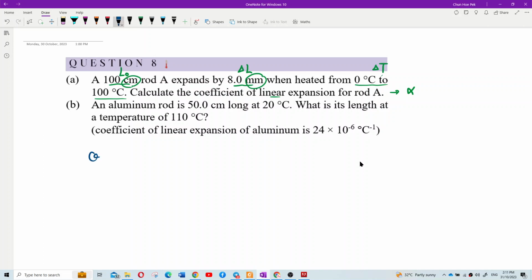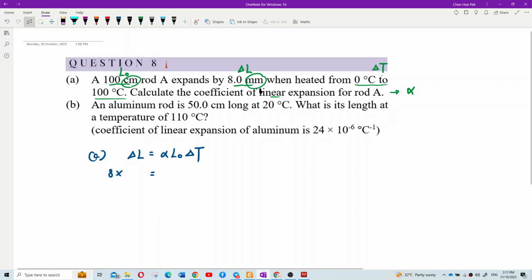Question A. The formula is delta L equal to alpha L naught delta T. The change delta L is 8 mm, so it is 8 exponent negative 3 meter. I need to find alpha.